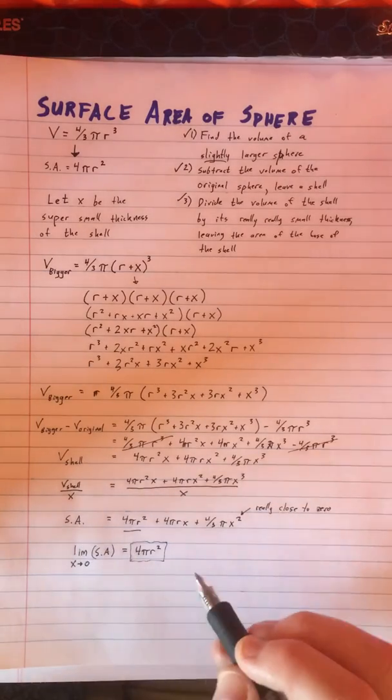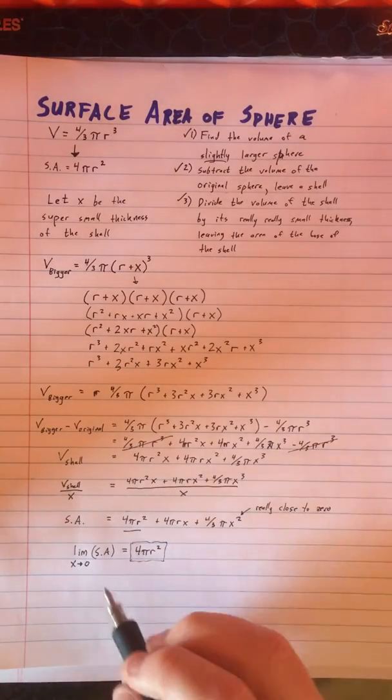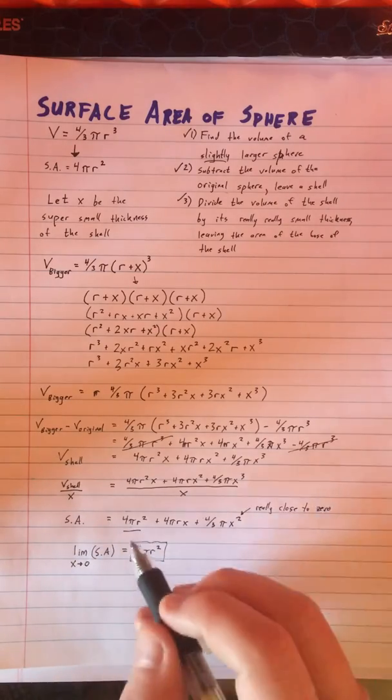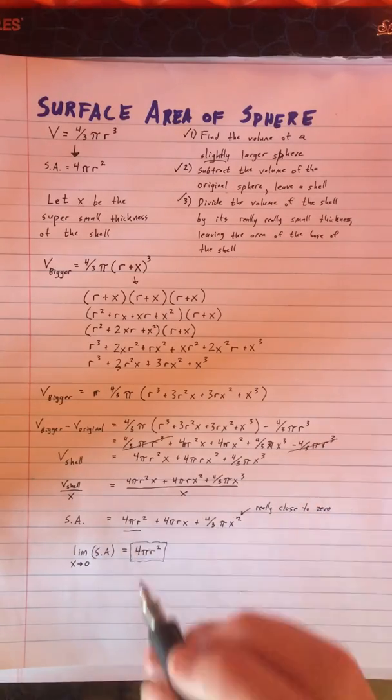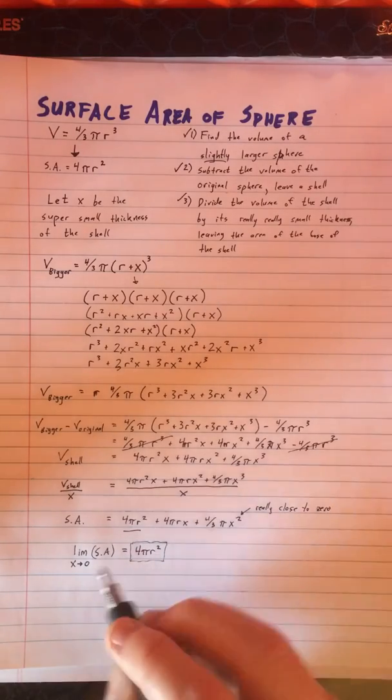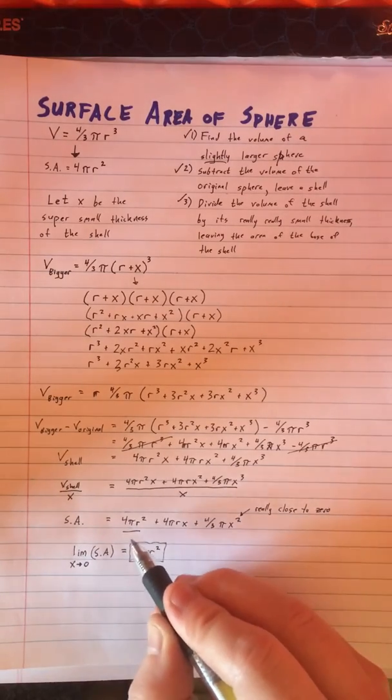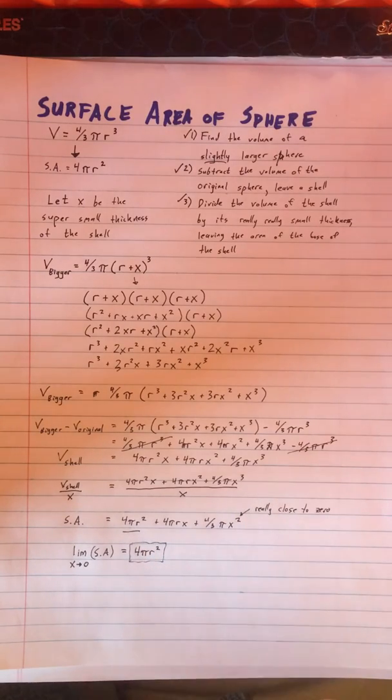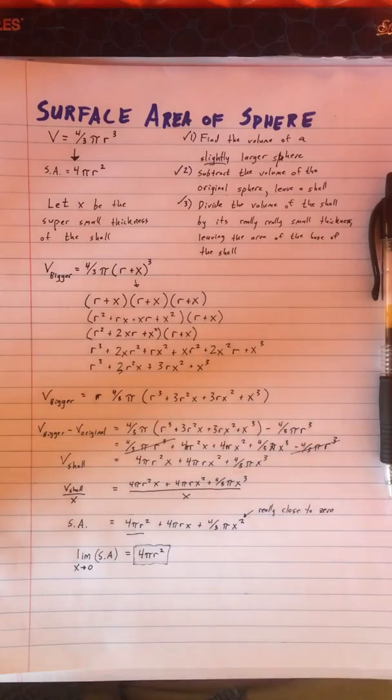We then broke out some clever calculus tricks to ask ourselves what happens to the surface area as that shell becomes infinitely thin. The thinner that shell is, the better an approximation it's going to be for the surface area of the sphere. If we take it all the way to 0, then the formula for surface area of a sphere becomes that. And that is how you derive the formula for surface area of a sphere from its volume.